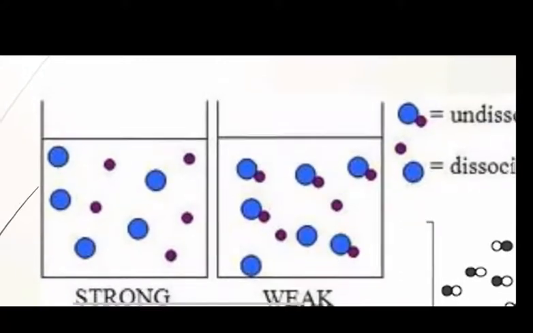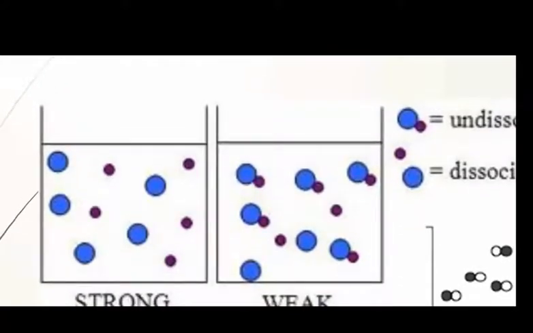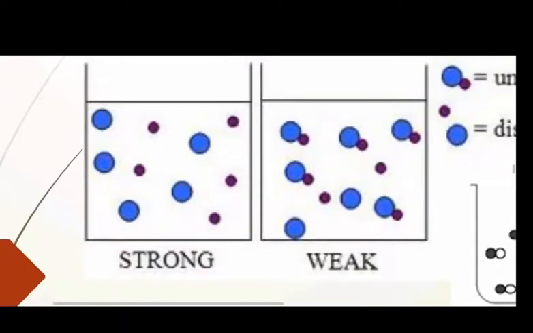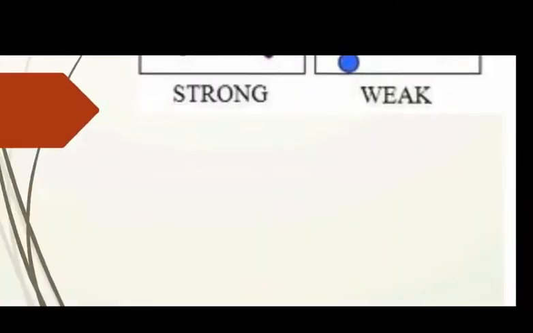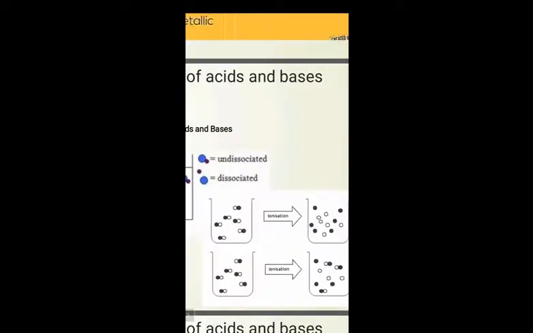Now weak alkali, the dissociation will be minimum, means partial dissociation will be there, and the concentration of OH minus ions will also be less. Did you get? Depending upon the strength, how can we divide the acids and bases? Did you get all of you? Is this part clear? Now can we go to the next point?